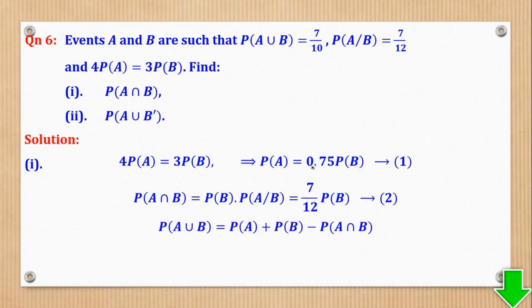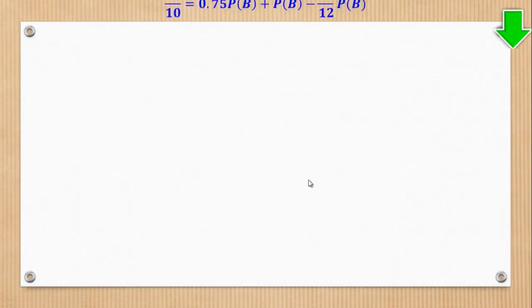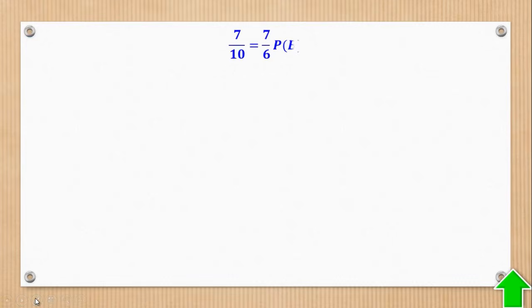So I have two equations with B. I've expressed probability of A in terms of probability of B, and also I've expressed the probability of A intersection B in terms of probability of B. Therefore, in this union I can substitute. So substitute this for A and substitute this for intersection, to remain with only one unknown, which is probability of B. Now next is to collect like terms and make probability of B the subject.